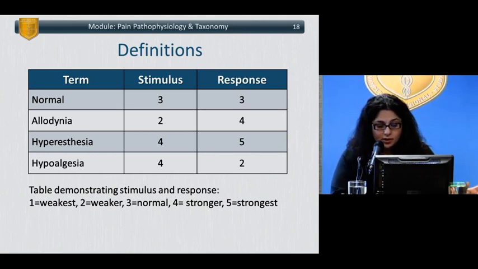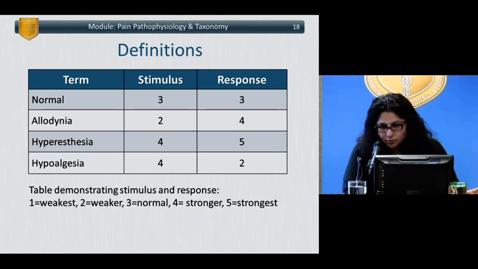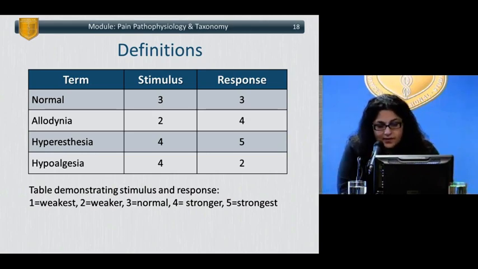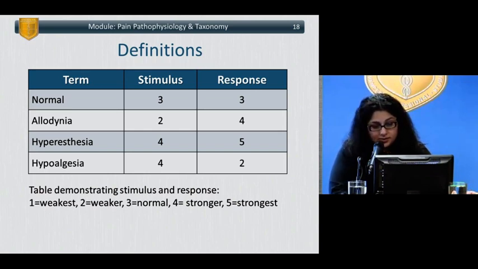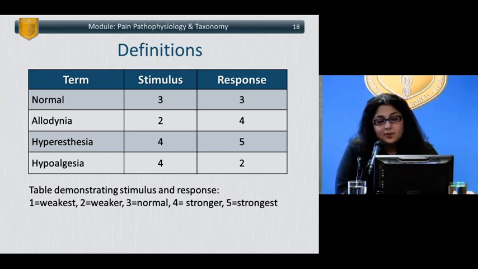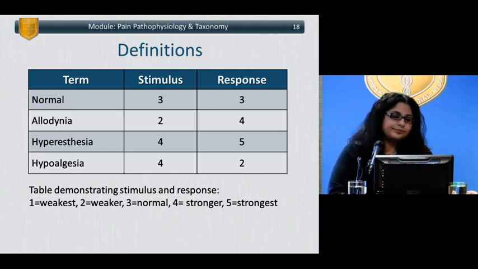So in a normal pain processing, if you give a normal stimuli, you should have a normal response. In patients who have allodynia, if you give a weak stimuli, you have an exaggerated or a stronger response. With hyperesthesia, you give a strong stimuli and you get an even stronger response. With hypoalgesia, you give a strong stimuli, but you get a weak response.